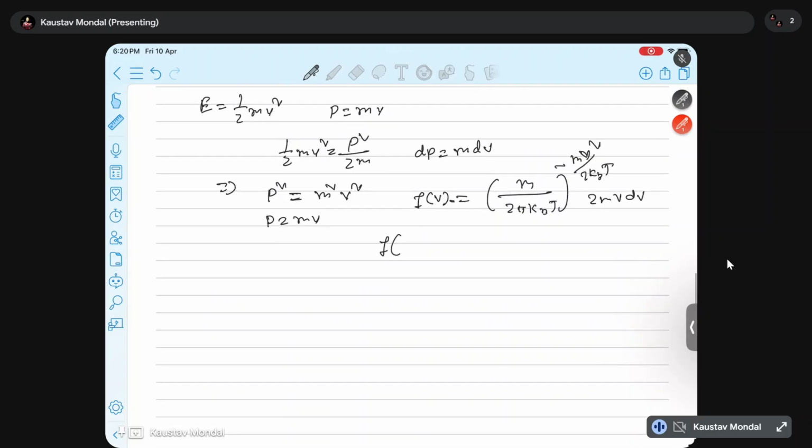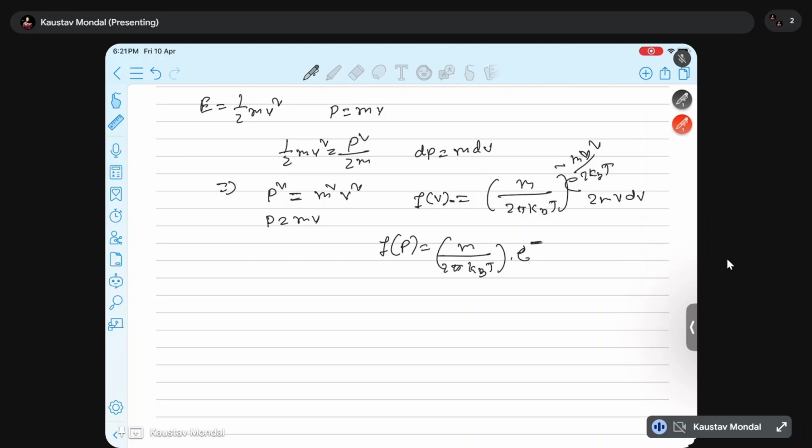So now the e to the power minus mv square by 2kbT factor at the front will remain as it is, and in this e to the power term, mv square is there. So we can multiply m, one in the numerator and one in the denominator.